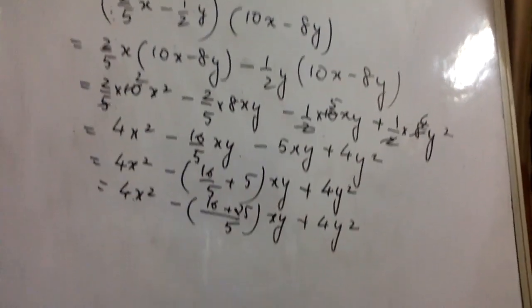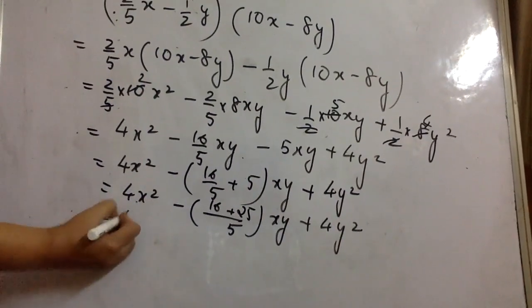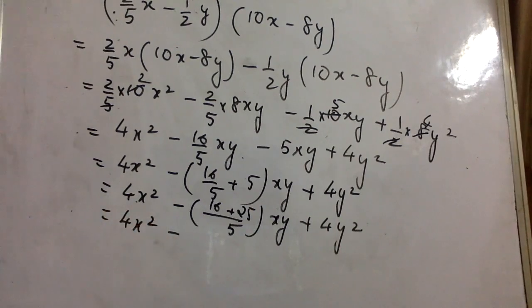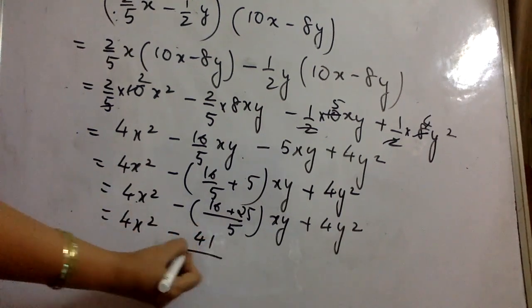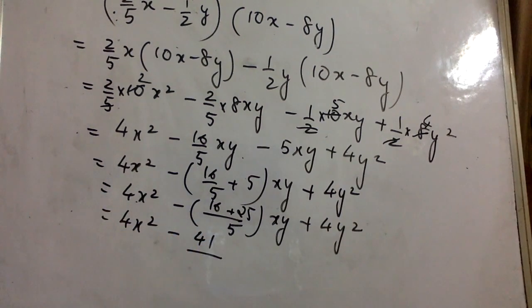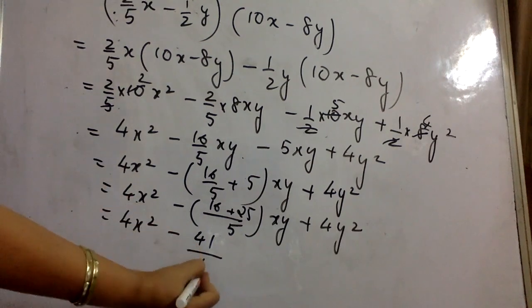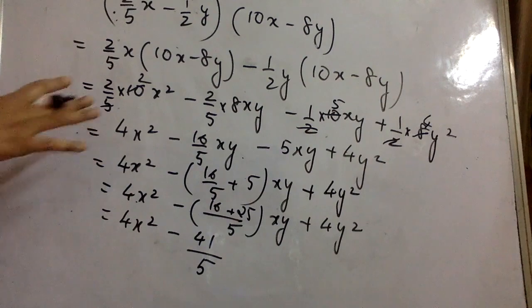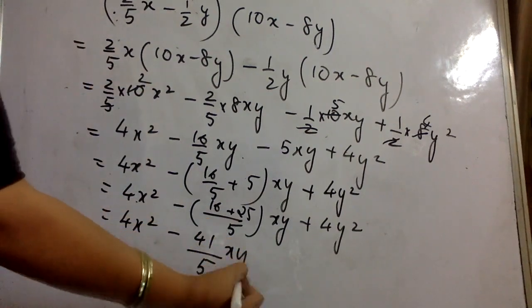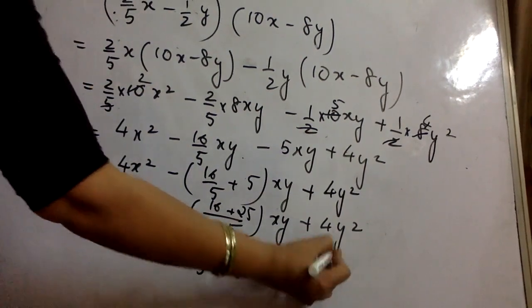Then what do I write? I have to copy down minus 41, 16 plus 25 is 41, 41 by 5. Don't try to convert it to a mixed fraction, not required. You can leave it like this in algebra, plus 4y square.